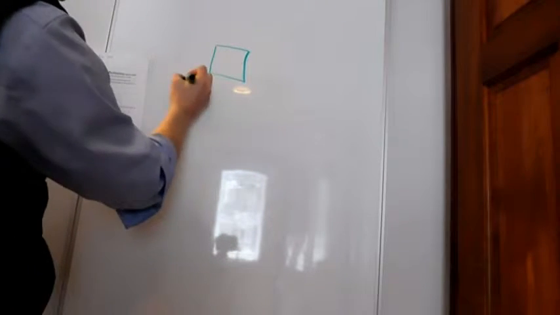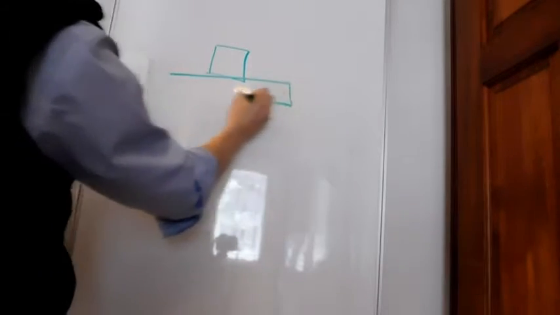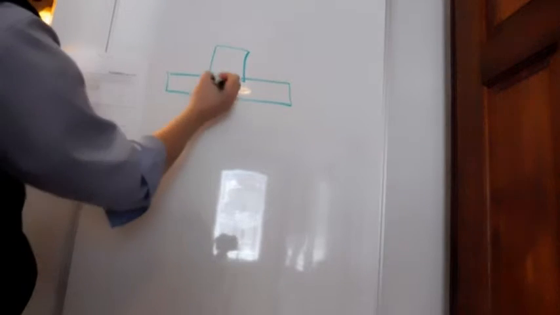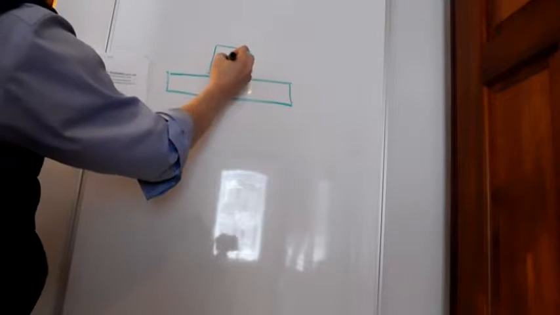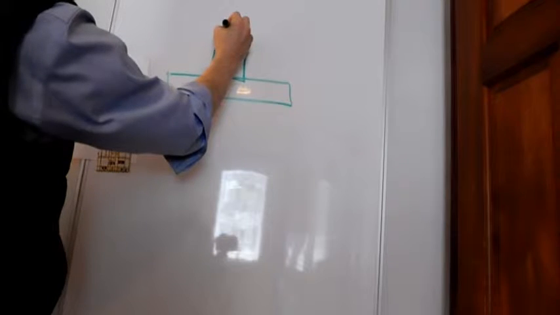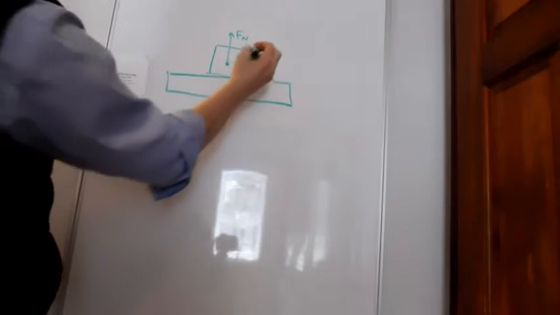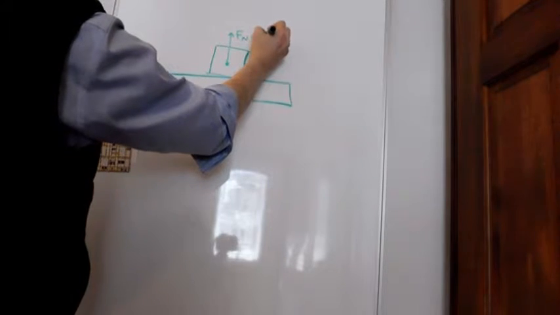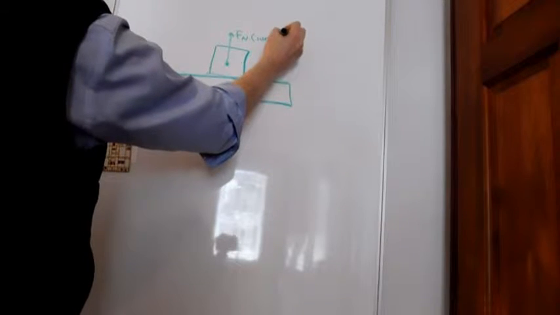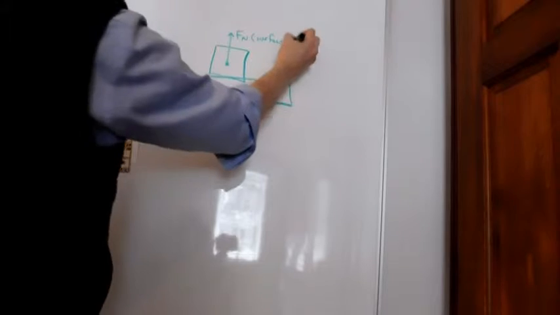The block shown is at rest on the surface. It looks like this. There's the surface. And we have a normal force drawn for us. Surface is where that's coming from, and that's 50 newtons.